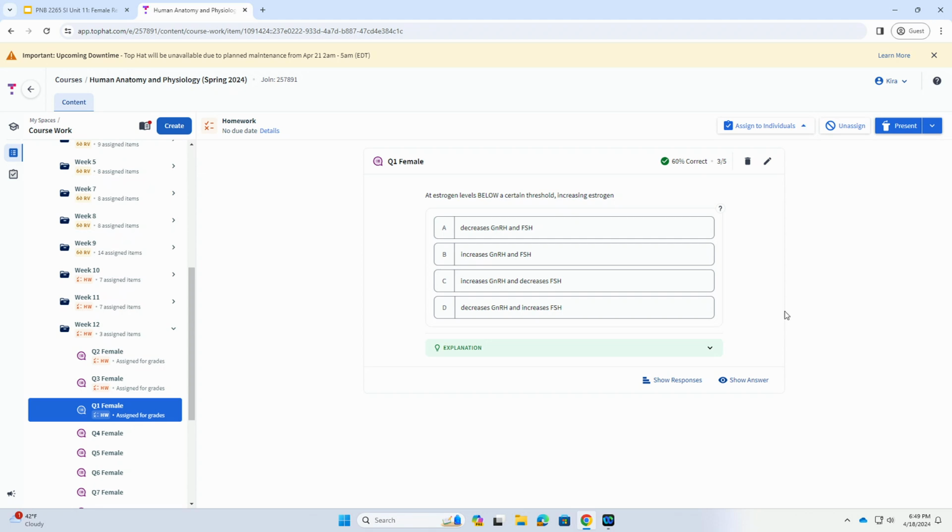When estrogen levels are low, there's an inverse relationship. Above the threshold, there's a direct relationship. Okay, we got a pretty good spread.